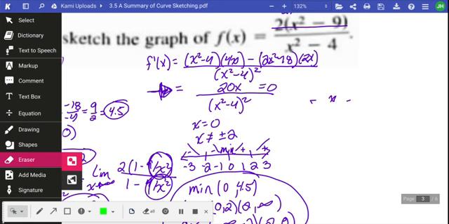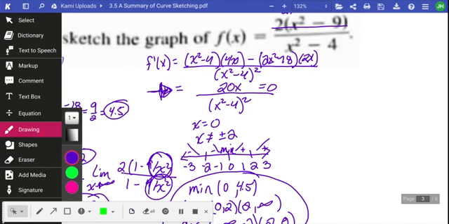I should have done it on the notes like you guys have. Keep that in mind for future. F double prime of x is equal to low d high minus high, and you have to chain rule that denominator.